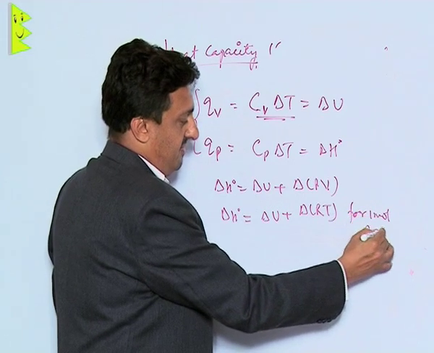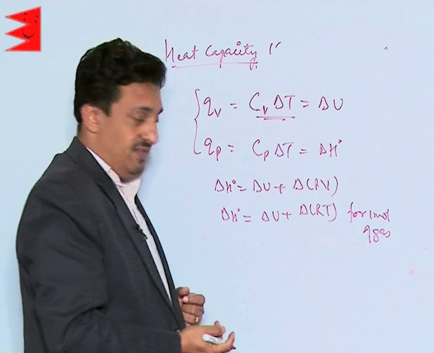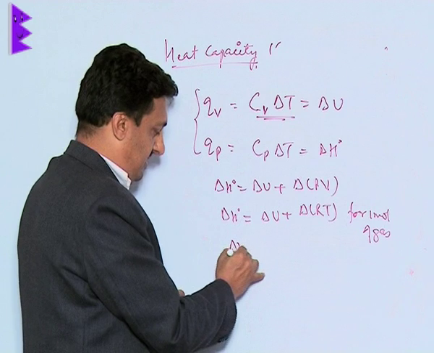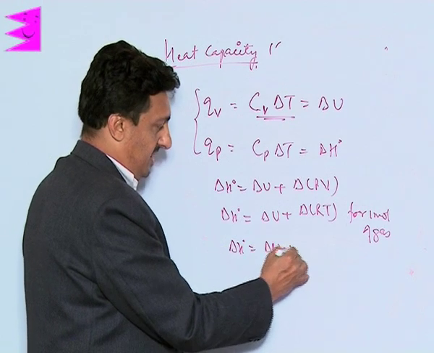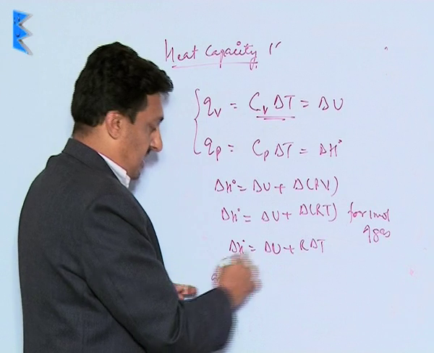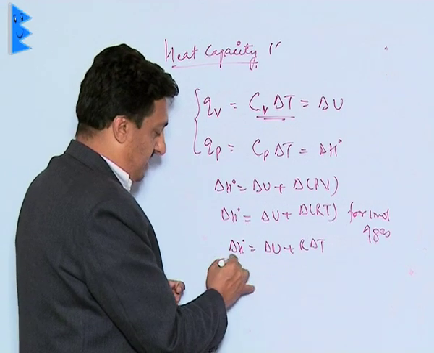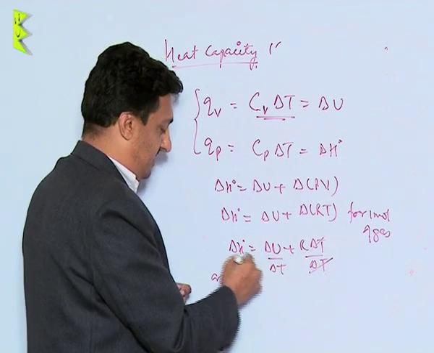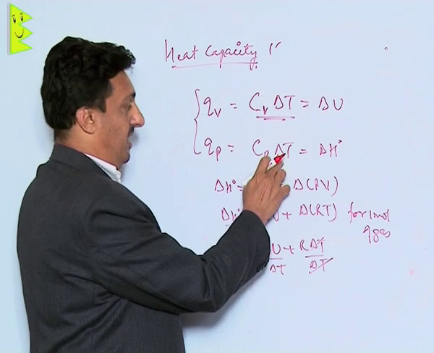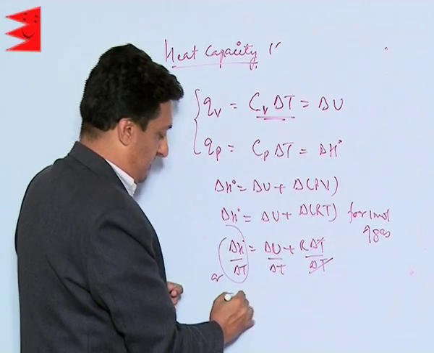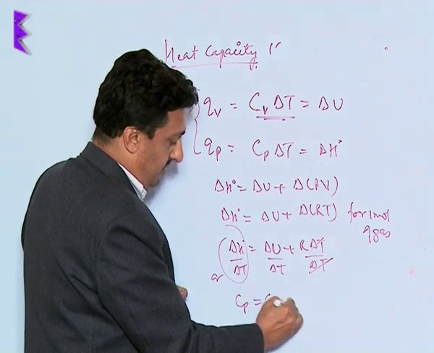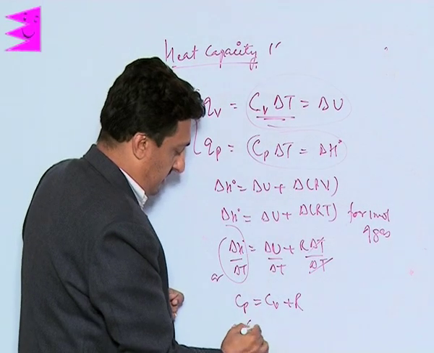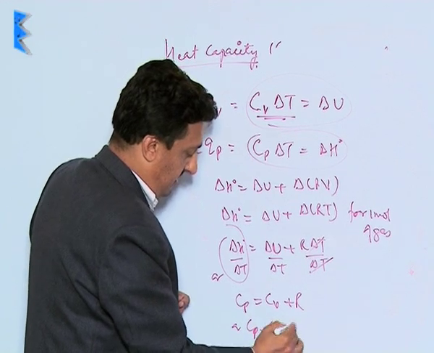We can take R out: delta H naught is equal to delta U plus R delta T. If we divide both sides by delta T, we get Cp is equal to Cv plus R. So Cp minus Cv is equal to R.